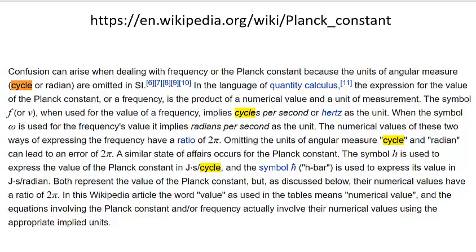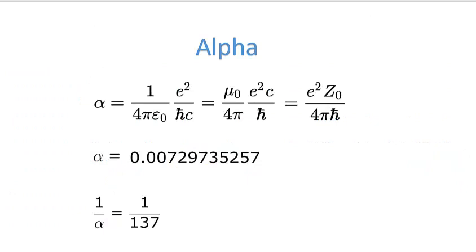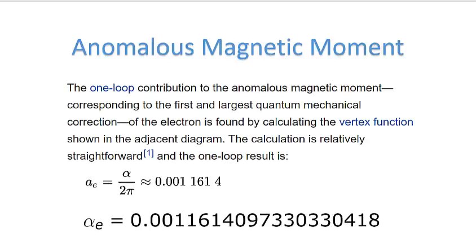And so if I want to use the terminology of cycles per second, I have to use Planck's constant. And when I use Planck's constant, I have to use the anomalous magnetic moment whenever alpha appears in an equation. And so that really clears things up quite a bit for me. At least, it really helped me think this through.